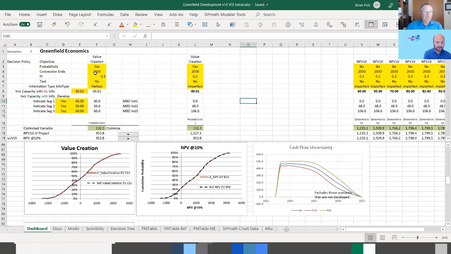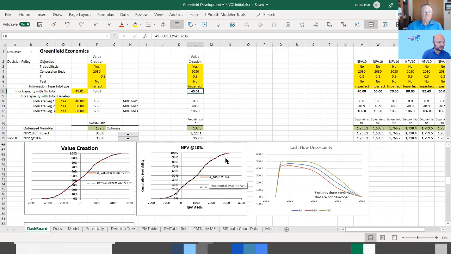I'm using a 0.3 PI, but I'm not testing. And in the second video, Alex, we determined that the 49,000 barrels a day was the optimal decision. And you can see this is the active case. And in these two graphs, the two lines line up perfectly. We've kind of stored that reference case so we can do a comparison.